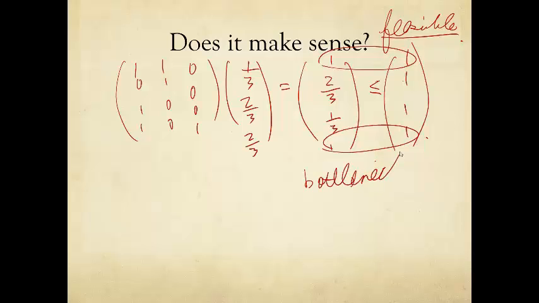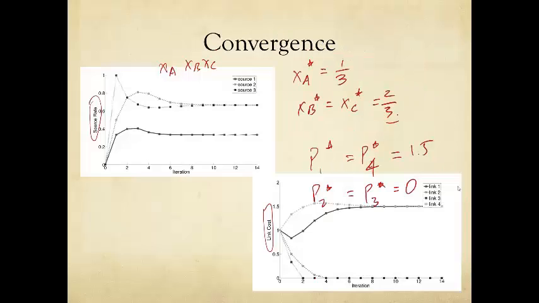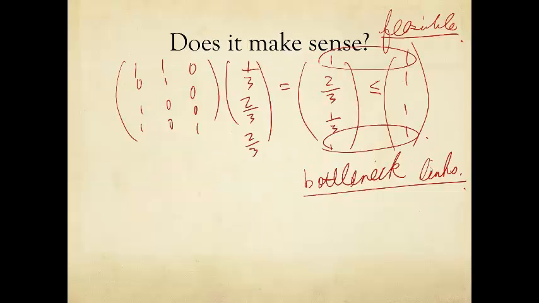And we can detect bottleneck links because the corresponding prices are positive, by the so-called complementary slackness property in the Lagrange duality theory of optimization problems, which we will briefly mention in the advanced material part. We can say that when the optimal prices are strictly positive, then the corresponding links must be bottleneck links.